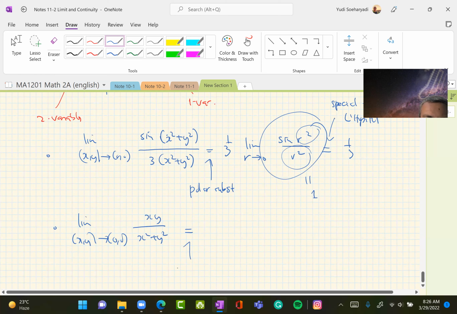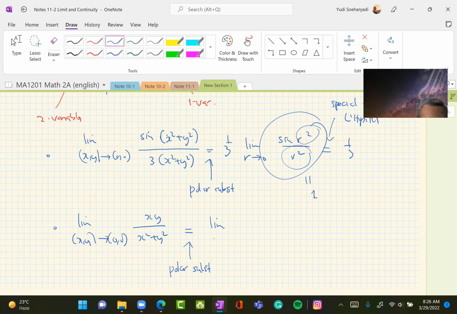And this one, so this is again polar substitution.